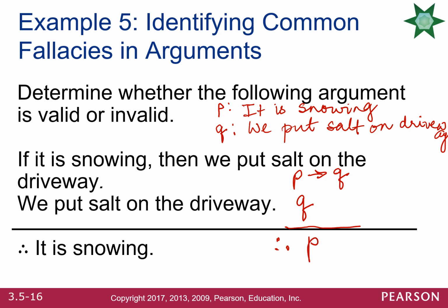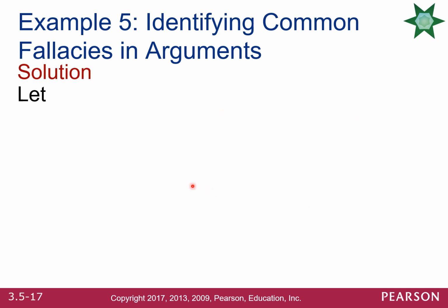All right, so we will see that this is actually a fallacy. So let's go to the next slide to pull up the solutions and see which fallacy it is, which will render this as an invalid argument. First, we will set up P as it is snowing. That's the first simple statement.